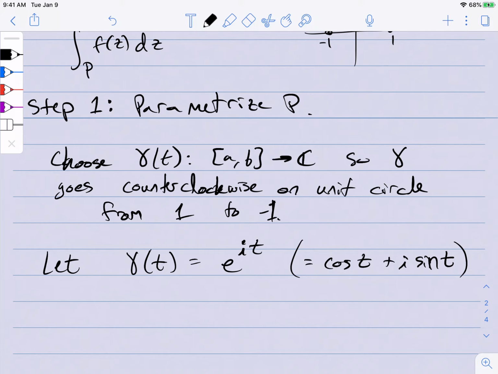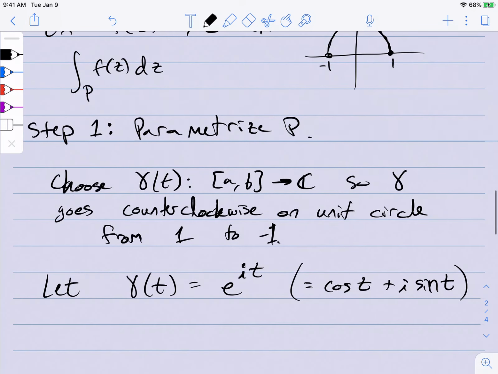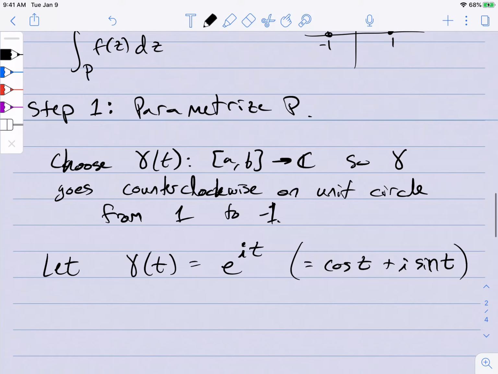And the way I've written it, this is already going counterclockwise. If you wanted a clockwise path, you would just put a -t in there so that it goes the other direction. But counterclockwise is what we want. And we want it to go from 1 to -1, so we can let t go from t equals 0 to t equals pi, and that'll do the job.